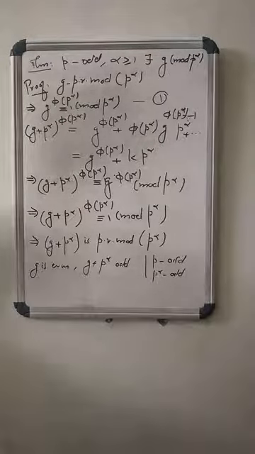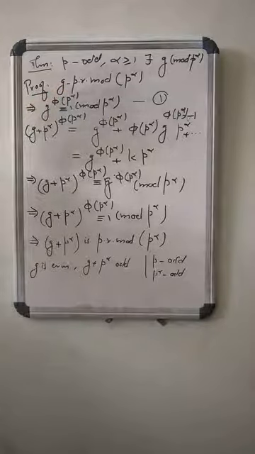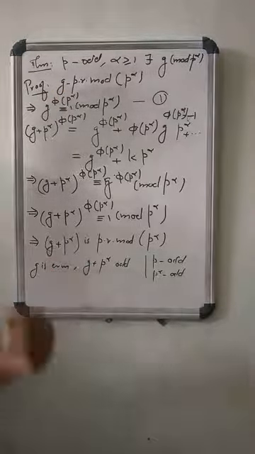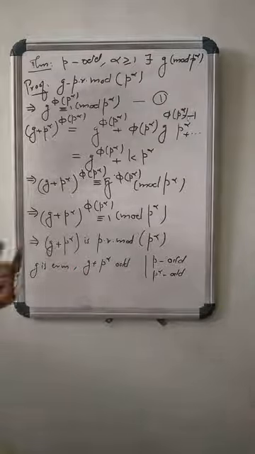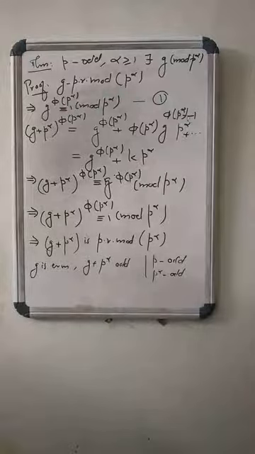Then either g or g + p^α is odd. When g is odd, g is a primitive root mod p^α. When g is even, then g + p^α is odd, and g + p^α is also a primitive root mod p^α. Agreed? That means an odd primitive root mod p^α always exists.